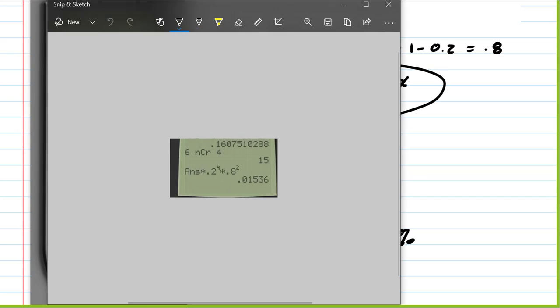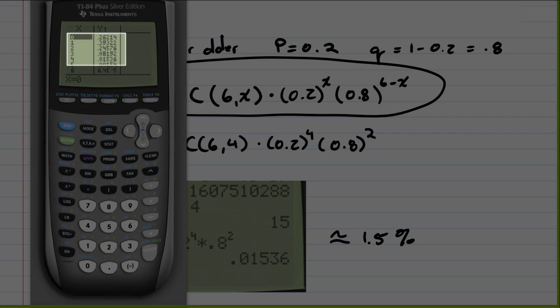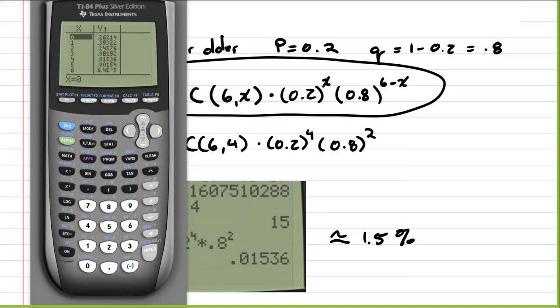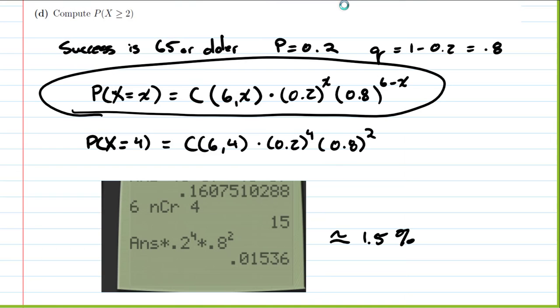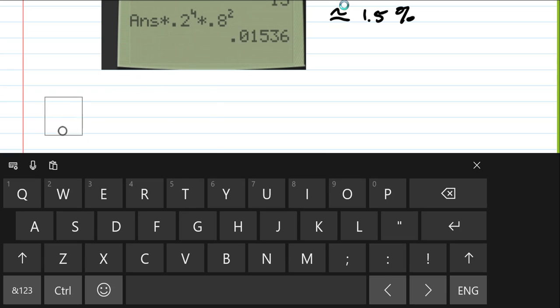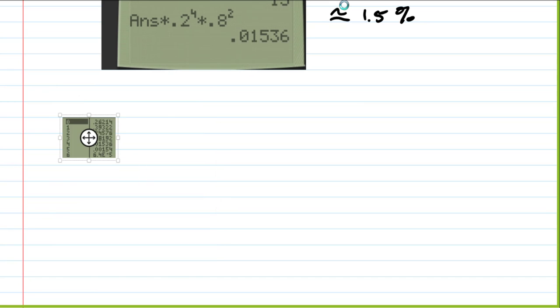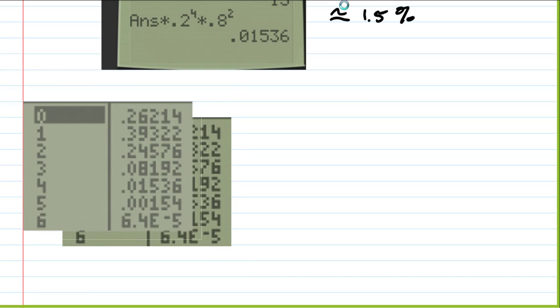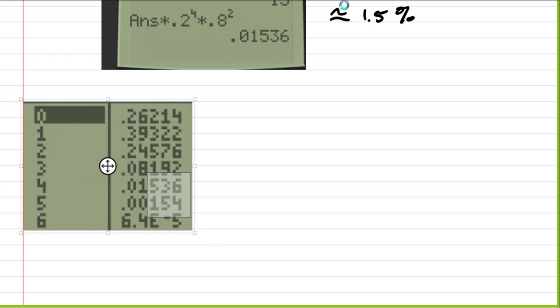So then if we go ahead and do that, you should get something that looks like this. Oh, one of those numbers looks a little bit familiar, right? When we asked what was the probability that 4 of them were 65 or older, what did we get?